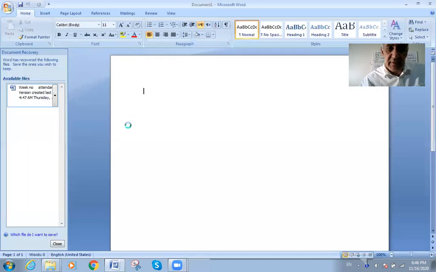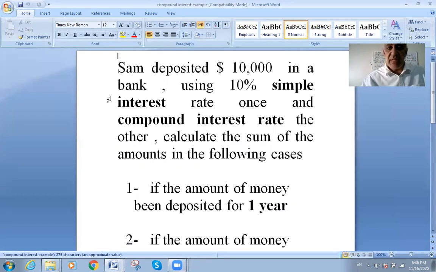Here is the example. Sam deposited $1,000 in a bank using 10% simple interest rate once and compound interest rate the other. This kind of example is two examples in each other. It's not one only, it's both of them together. Calculate the sum of the amount in the following cases.